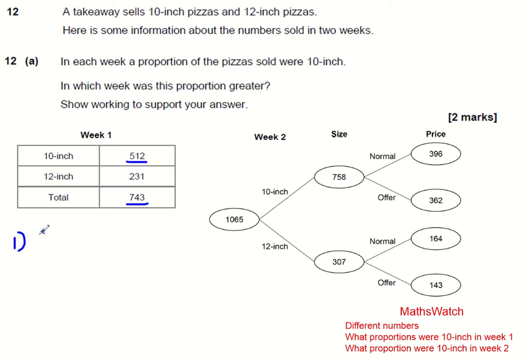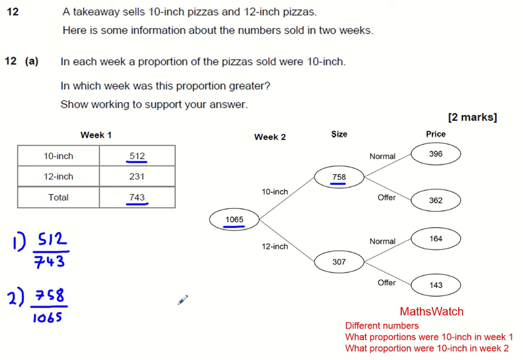So that would be the fraction 512 over 743. For week 2, the number of 10-inch pizzas sold was 758 out of a total of 1065. So that would be a fraction of 758 over 1065.